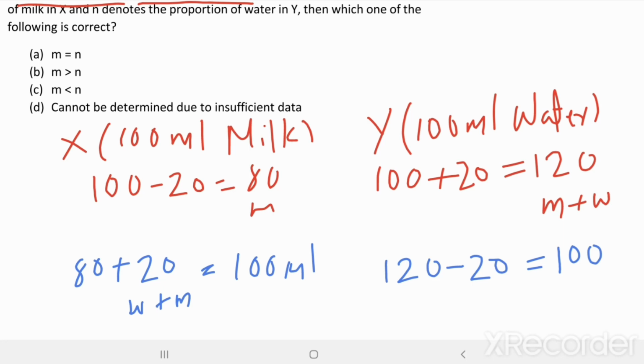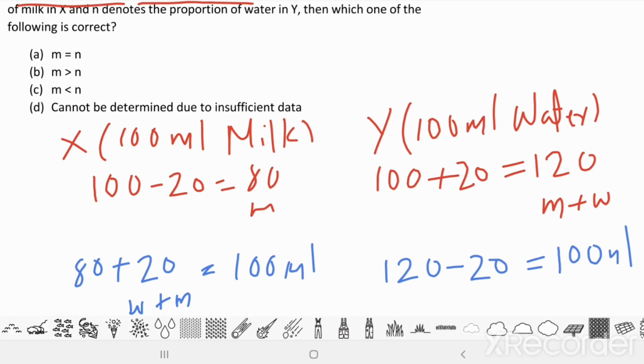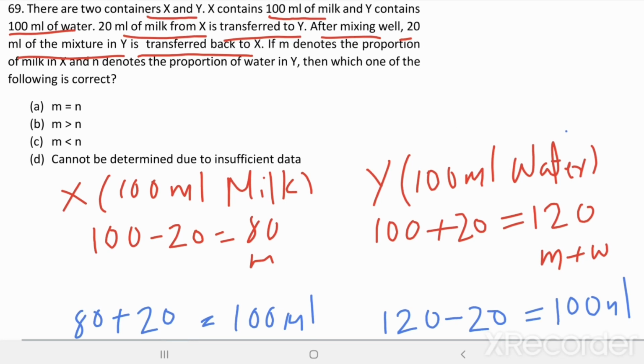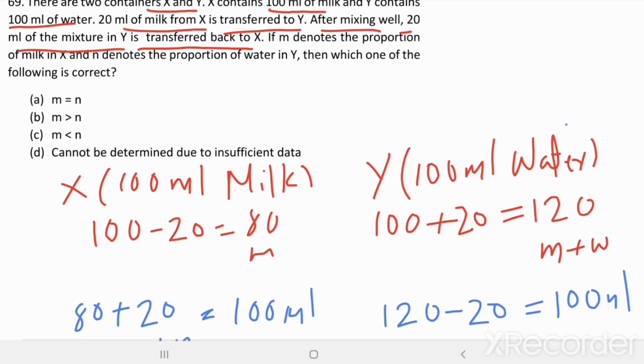So after all mixing, we got 100 ml of mixture in X and 100 ml of mixture in Y. Then they said M denotes the proportion of milk in X and N denotes the proportion of water in Y. Then which of the following is correct?